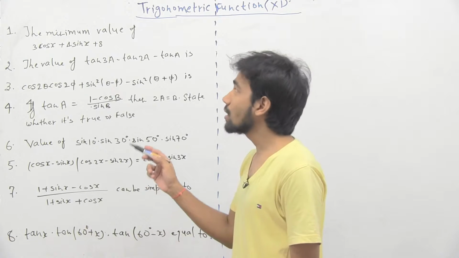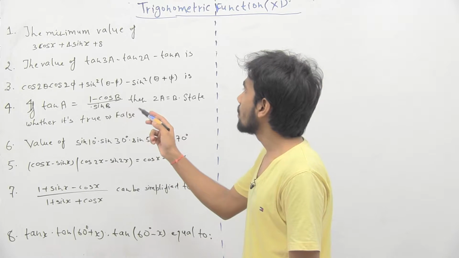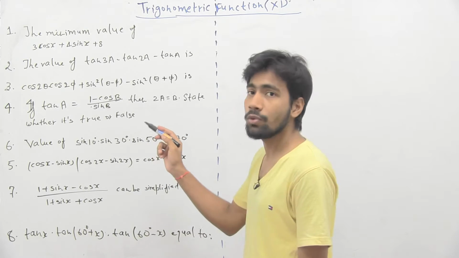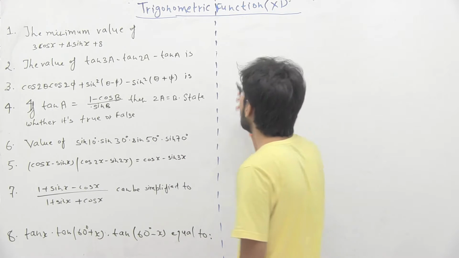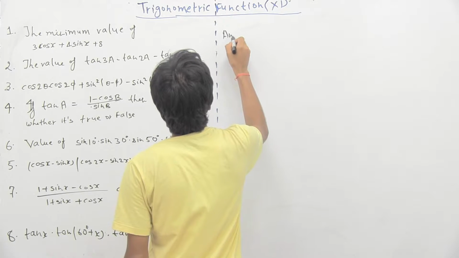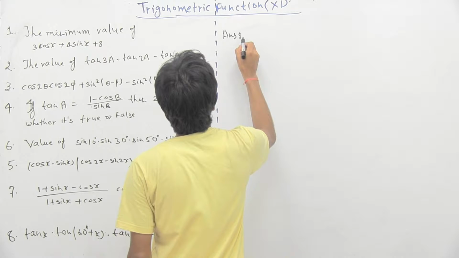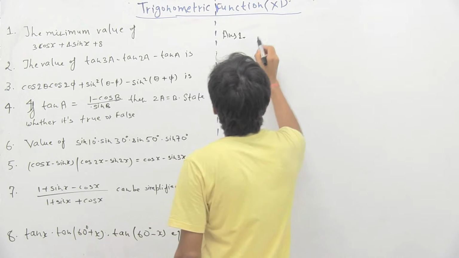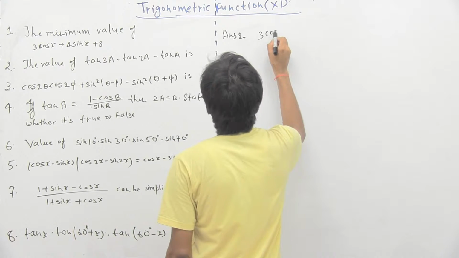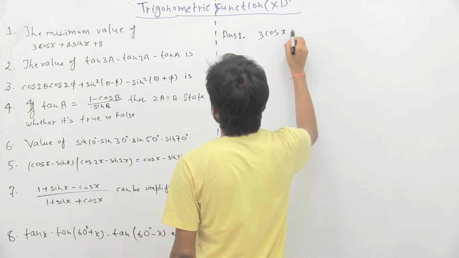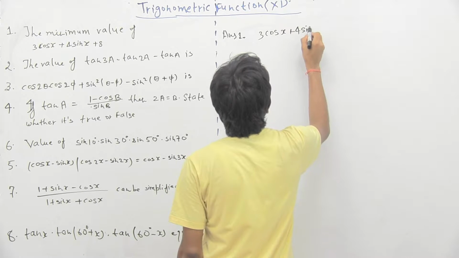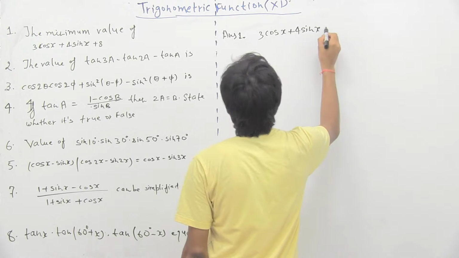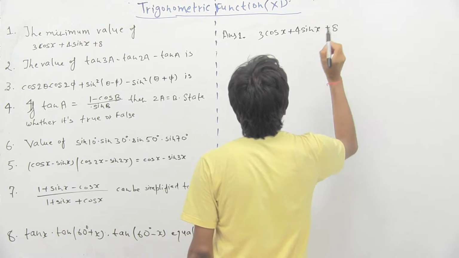So our first question asks the minimum value of 3 cos x plus 4 sin x plus 8.